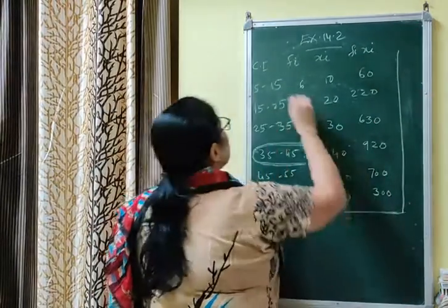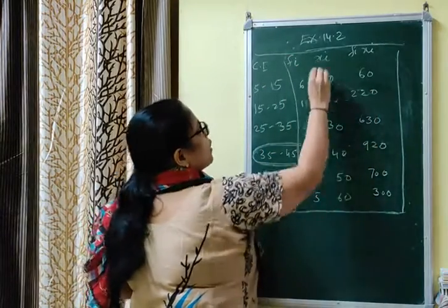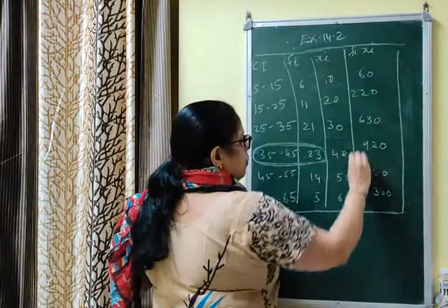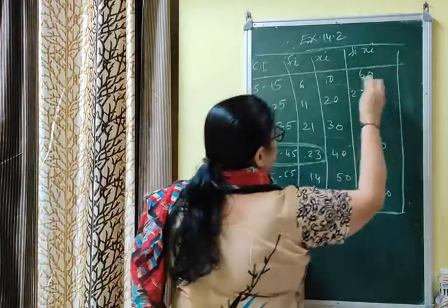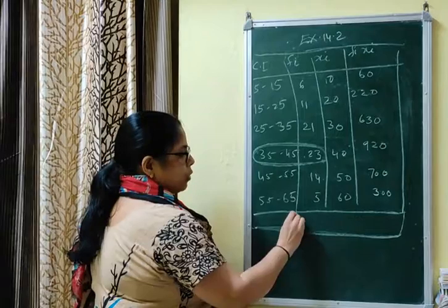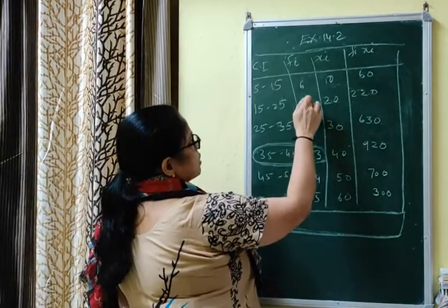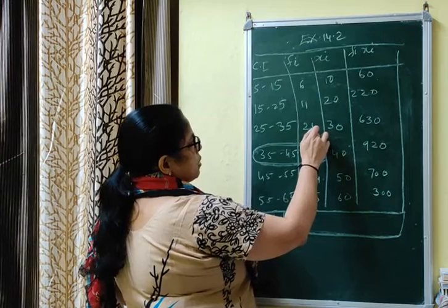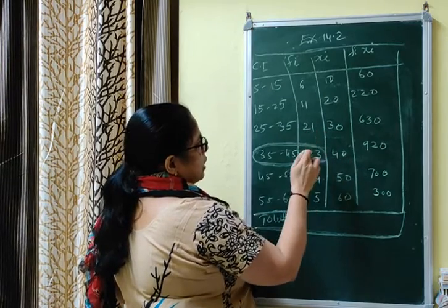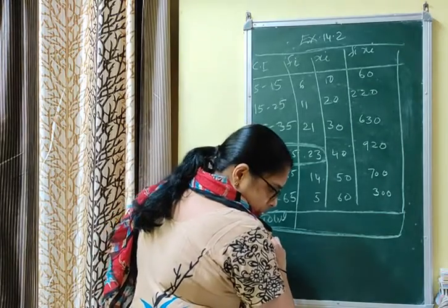Now let us find the total. First of all we are going to find the mean. मोड में आपको कुछ भी नहीं करना है, मोड में सीधे आपको फॉर्मूला में पुट करना है. Now for mean you have to find all the sums. What is the sum of frequency? 6, 17, 38, 61, 75, 80.